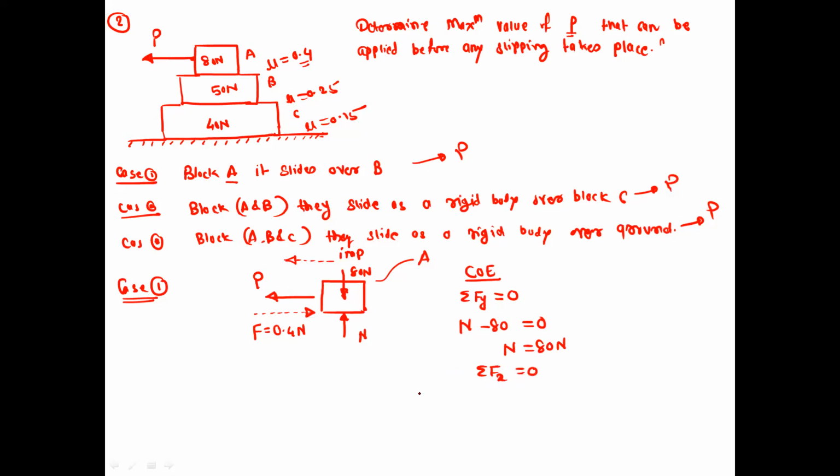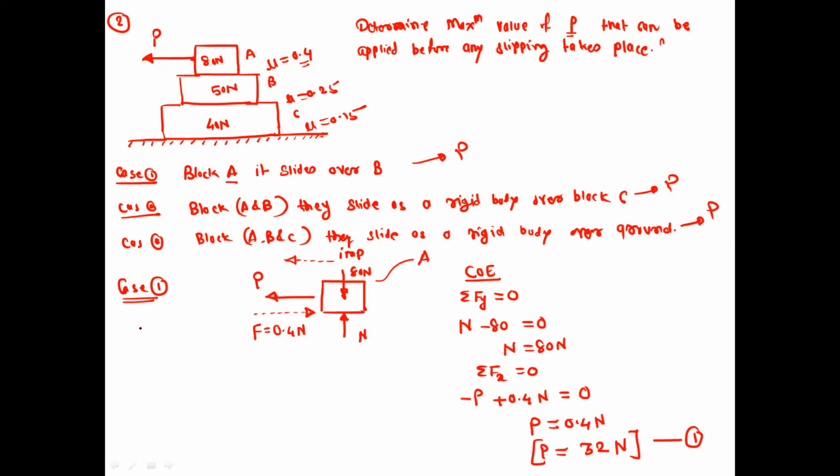So minus P plus 0.4 into N is equal to 0. Okay, so we will get P is equal to 0.4 into the normal reaction, and that is equal to 32 Newton. So this is the first value. If we apply P equal to 32 Newton, then block A will only slide and the remaining two blocks will be in the stationary position.